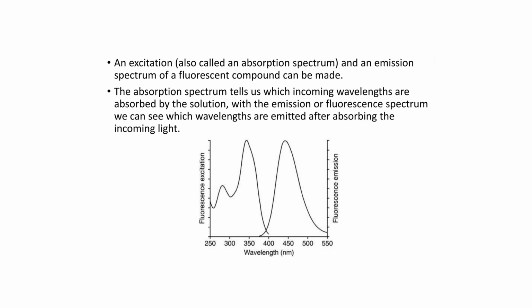An excitation spectrum, which is also called the absorption spectrum, and an emission spectrum of a fluorescent compound can be made. The absorption spectrum tells us which incoming wavelengths are absorbed by the solution. With the emission or fluorescent spectrum, we can see which wavelengths are emitted after absorbing the incoming light.